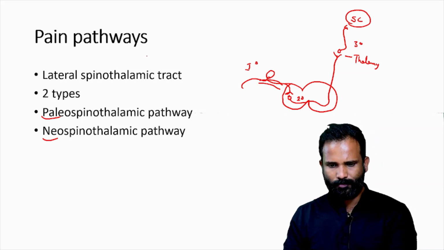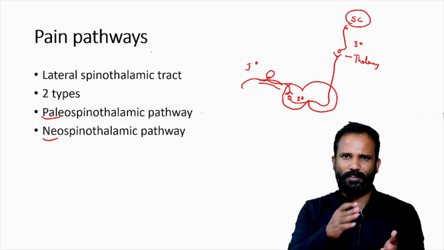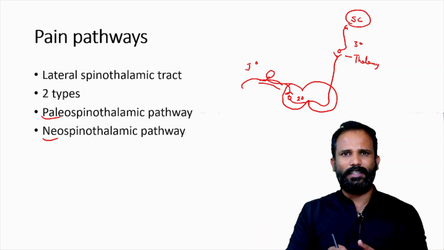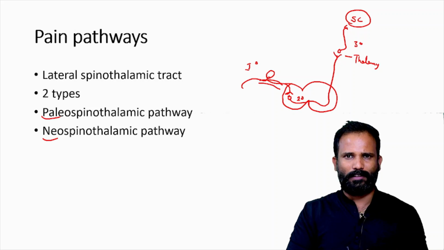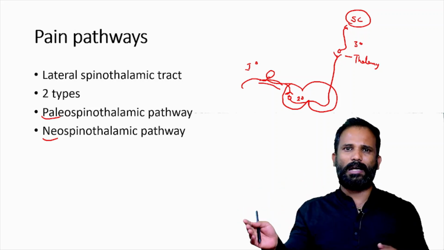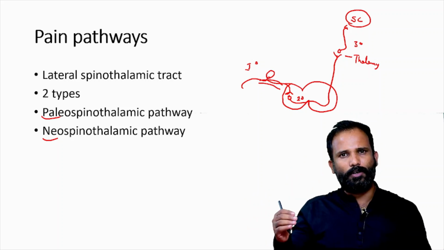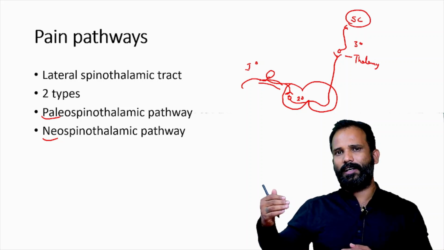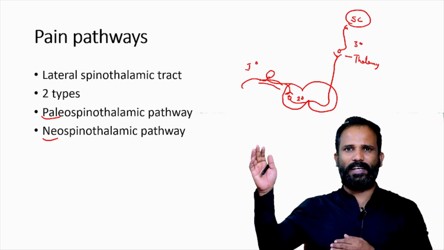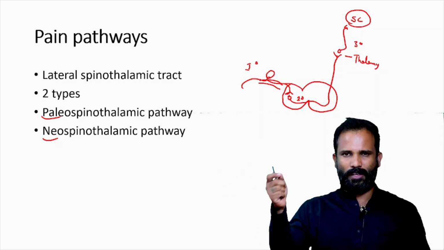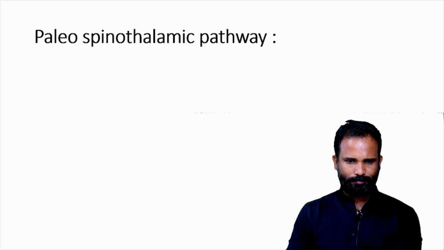The same story: the first order is common, second order is common, third order is common. Only in the paleospinothalamic pathway, the second order neurons also give collaterals to some other structures, but in neo, it directly goes to the thalamus. Also in paleo, it goes to non-specific nuclei in the thalamus, whereas in neo, it goes to specific nuclei in the thalamus. We'll talk about all those things in the next slide.